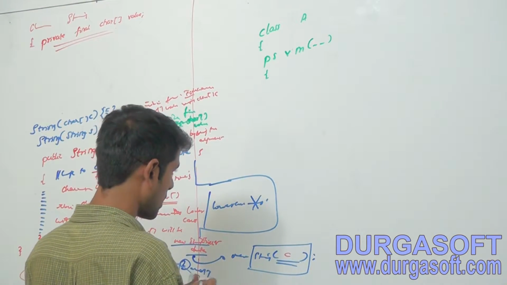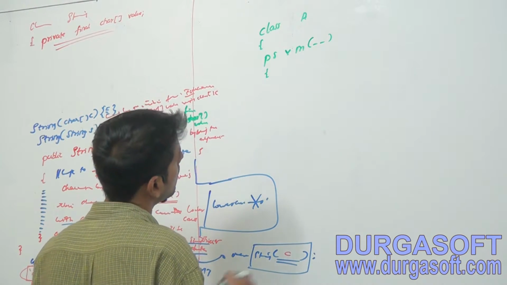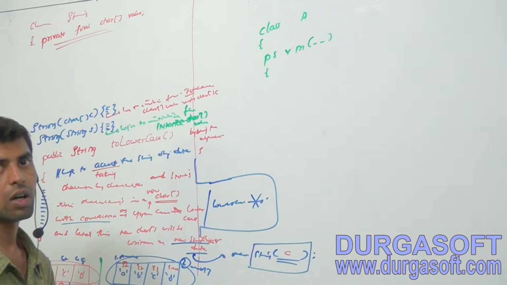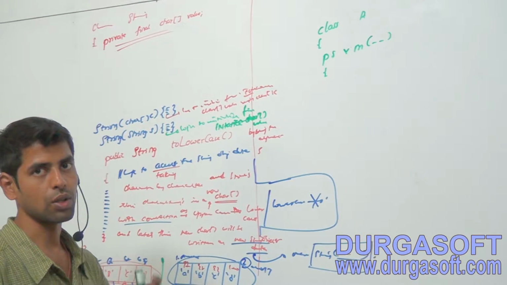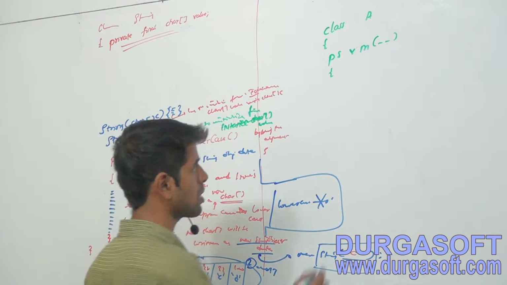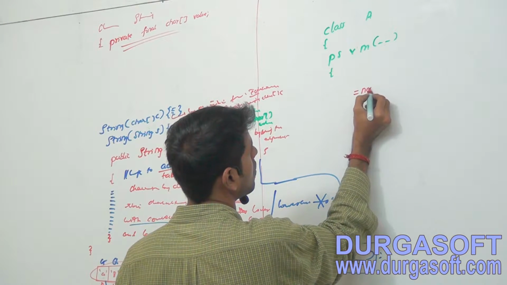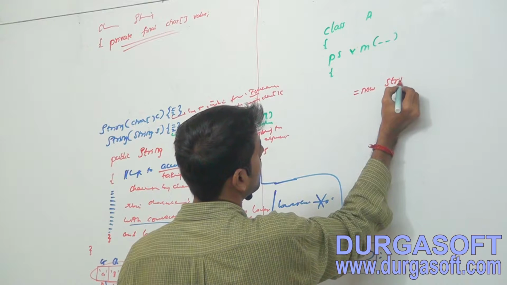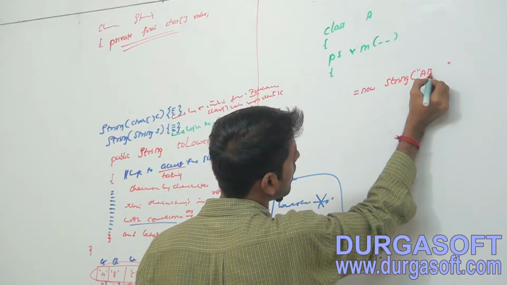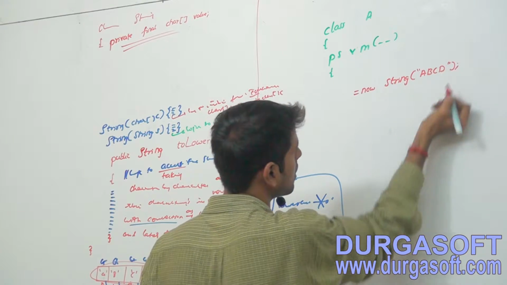Now observe here, create one string object. How to create a string object? New keyword followed by string constructor, having argument as capital A, B, C, D.